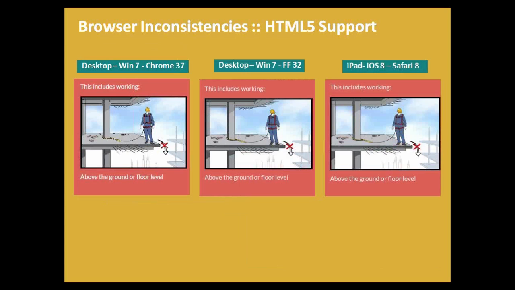Image quality too can differ from device to device depending on size and resolution, or if scaled from browser to browser. So you need to keep a lookout for distorted or blurry images. Here in the example, you can see the graphic has blurry lines in Chrome, whereas in Firefox and Safari 8, it looks very sharp.